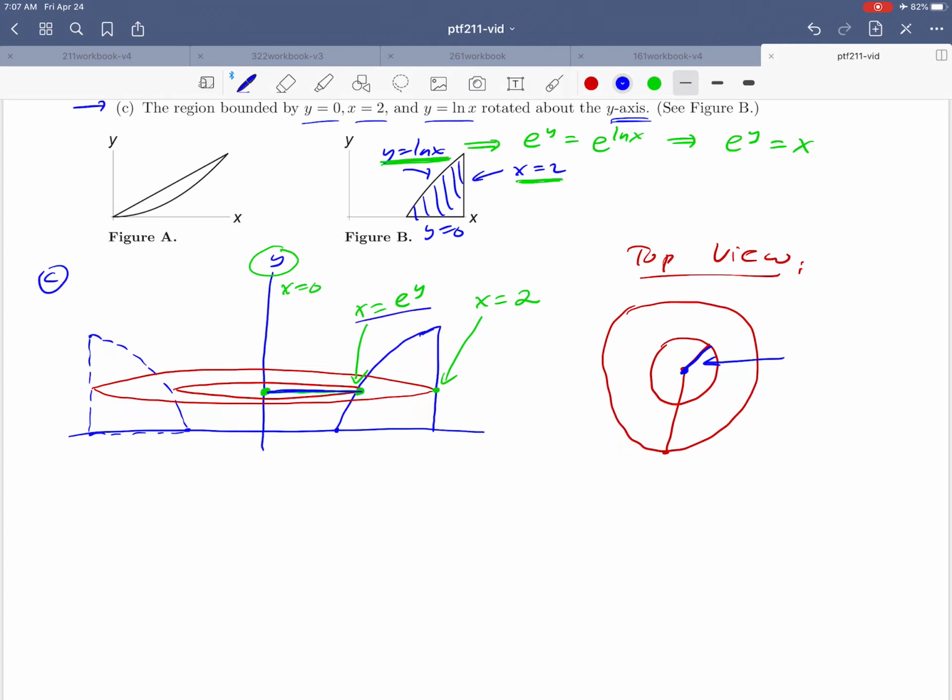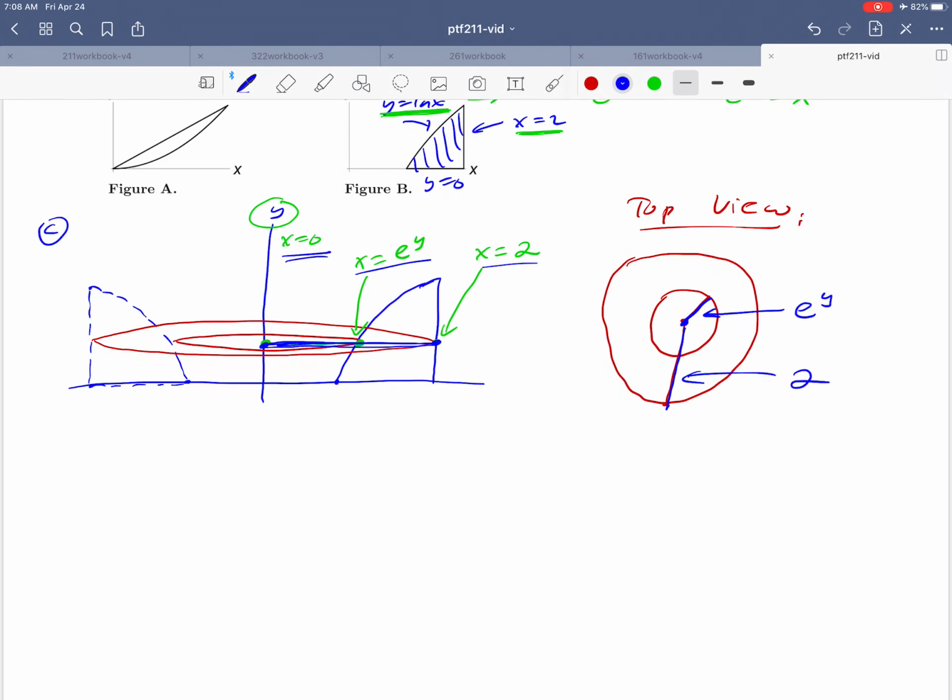So if we subtract those two x values, we get e to the y minus 0, which is just e to the y. What about the outer radius? Well, that would be the horizontal distance from the y-axis all the way over to x equals 2. Can you see how big that is? That's just 2 minus 0 if you subtract. So we're going to get a radius of 2 there.